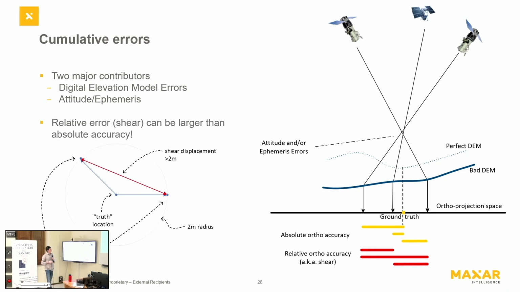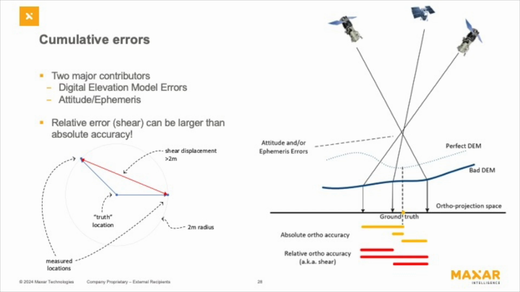And one thing that's really interesting is that when you add those two together, you can see that even if your absolute error is, for example, 2 meters, the shear can be greater than 2 meters.